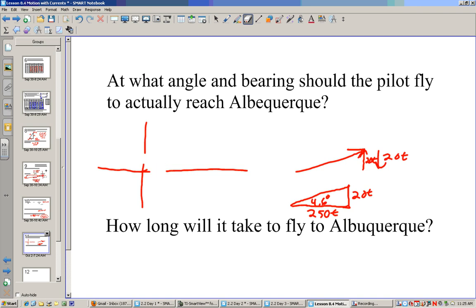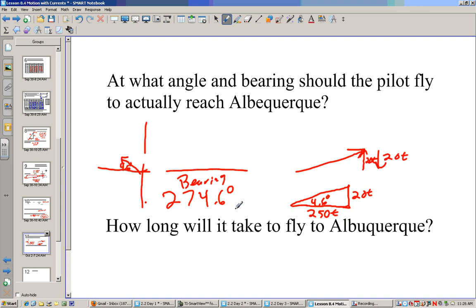What am I doing? It's actually going this direction. So he has to go 4.6 degrees above that in order to counteract the wind. So it's going to be a 274.6 degree bearing.